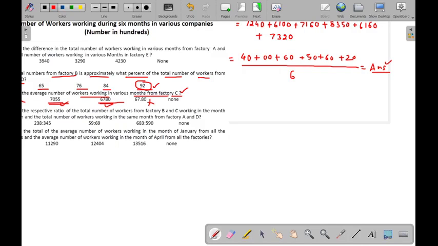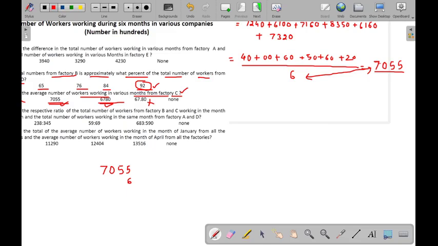Let us assume our answer is 7055. If our answer is 7055, then multiply these two and find out the last two digits of 7055 into 6.